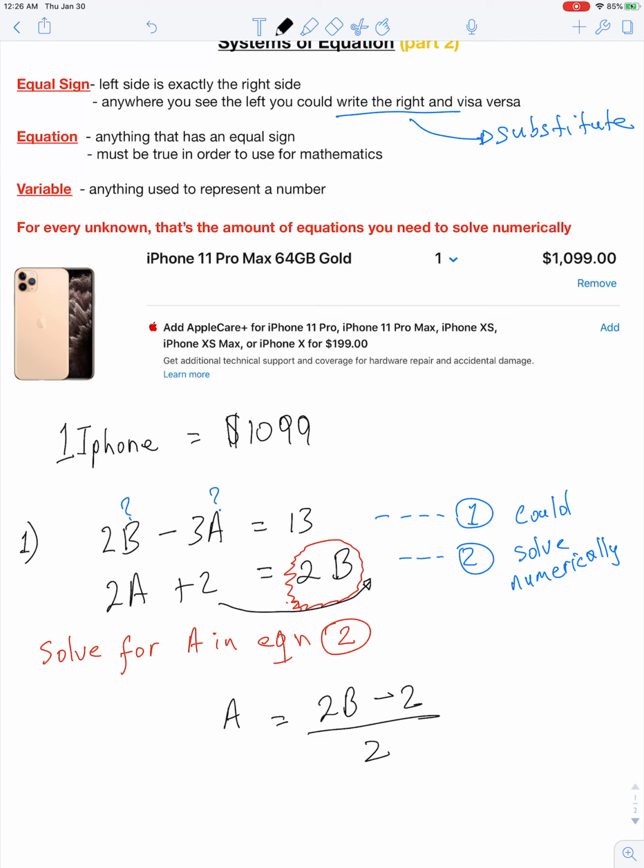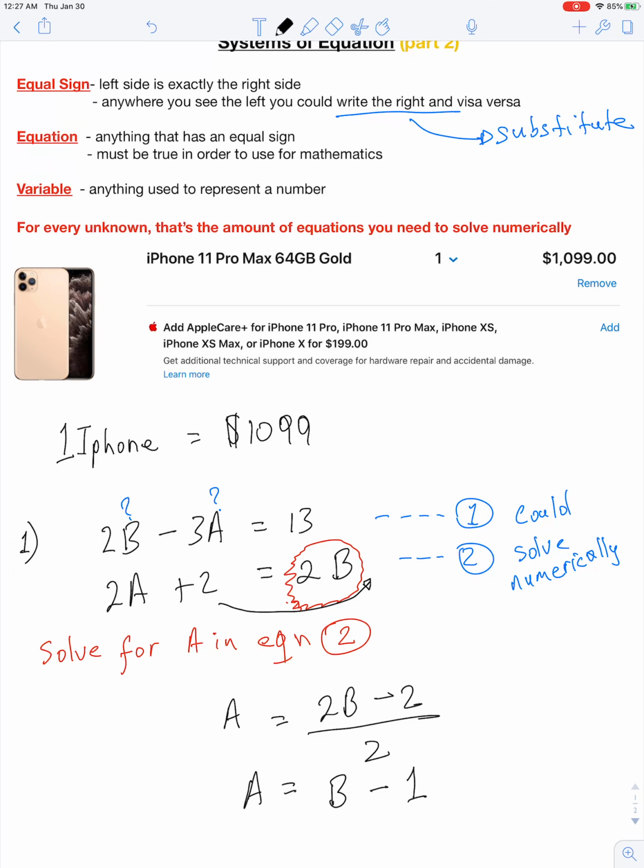Everything is over 2, so because this is all being divided by 2, you have to divide through by 2. Don't write it to the side, kids. You write it all the way down. So A would be equal to B minus 1, because 2 into 2B is B, and 2 into 2 is 1.